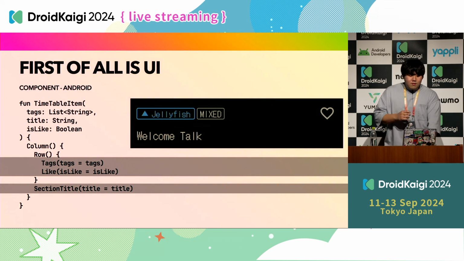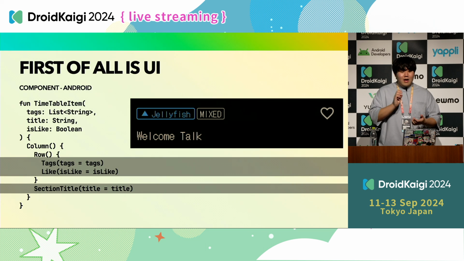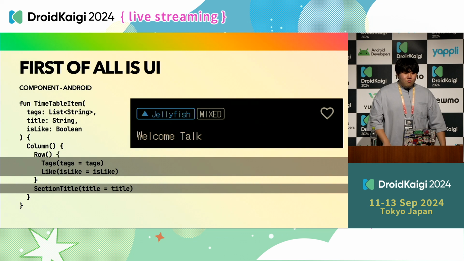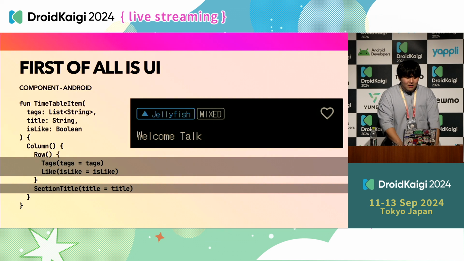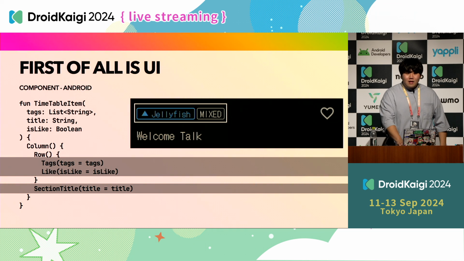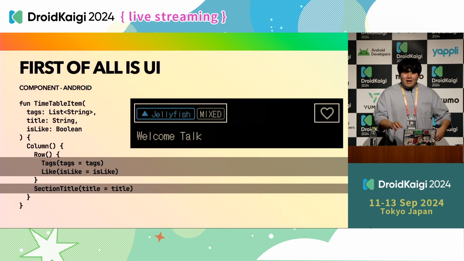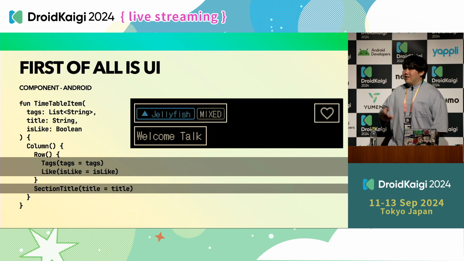First, what stands out is that functions like text and section title are being called within the timetable item component. For those who are intuitive, you might grasp this immediately. Each of these functions renders the text, the like icon, and the presentation title on the current screen.